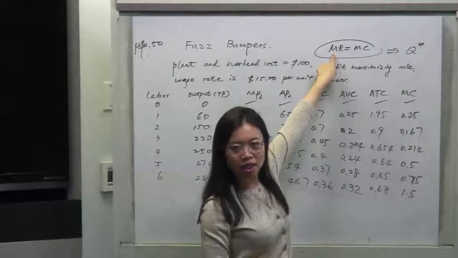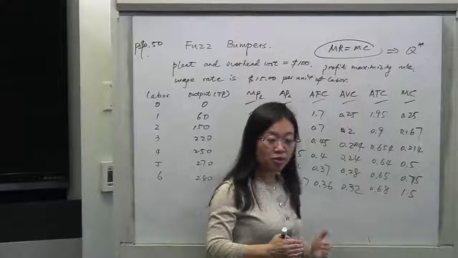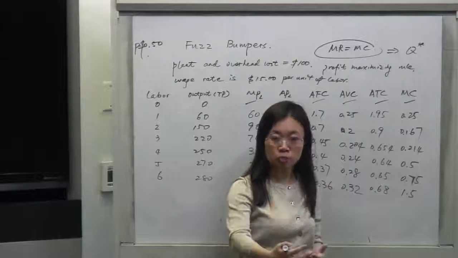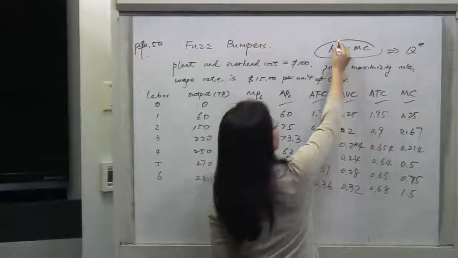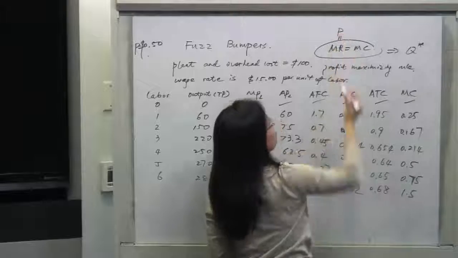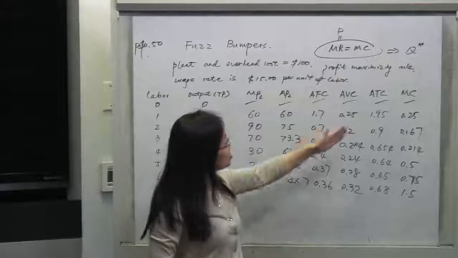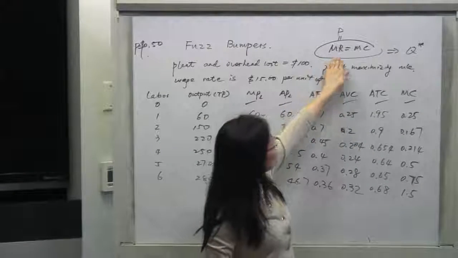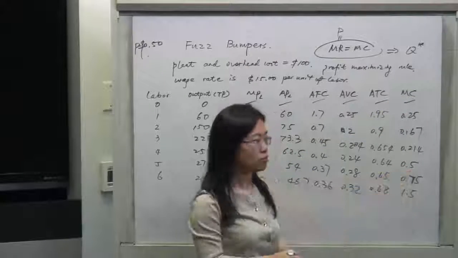It's just the price of the good in a perfectly competitive market, because every time you sell 1 unit, the additional revenue you gain is just the price of the good. So here it is 50 cents. You just need to find the number of laborers where the 50 cents is exactly equal to the marginal cost.